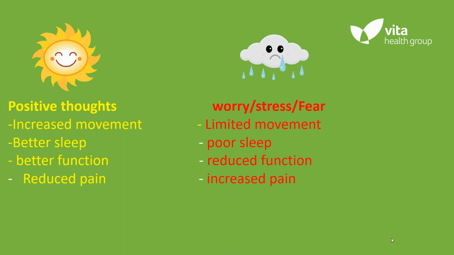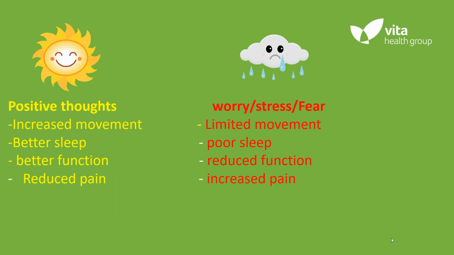So, for example, with our thought process, if we have positive thoughts, we tend to have increased movement, better sleep, better function, and reduced pain. And things that lead us to have worries or stress or fears can commonly lead to limited movement, poor sleep, reduction in function, and increased pain.